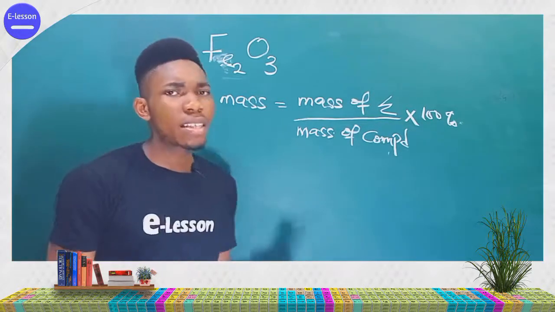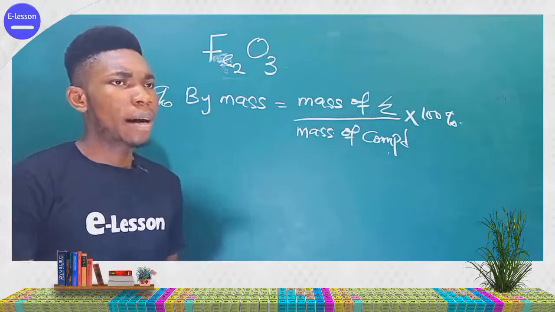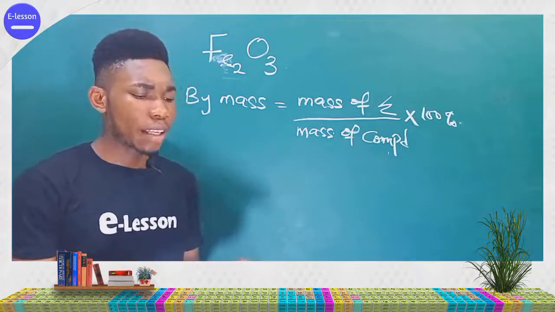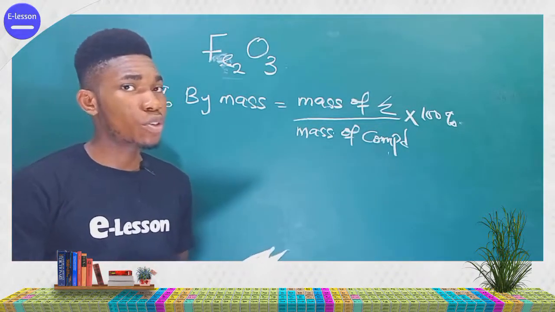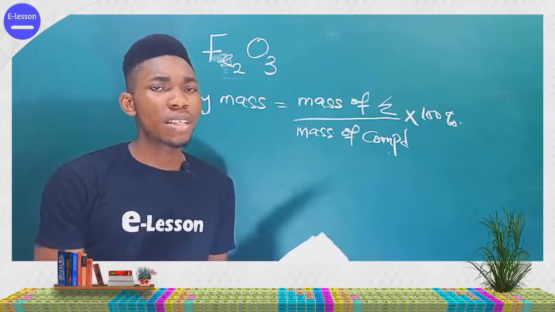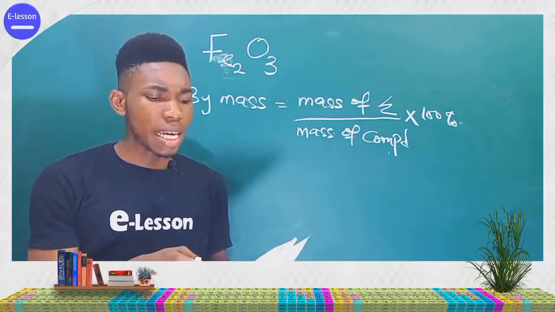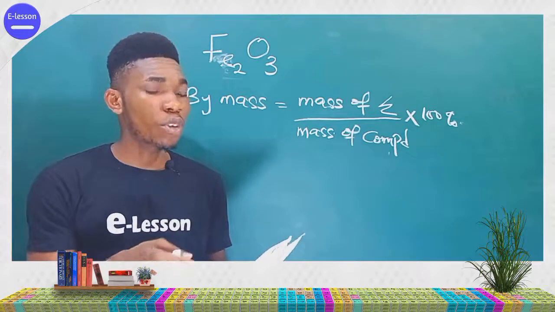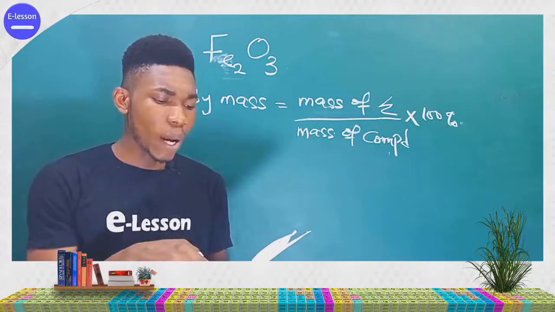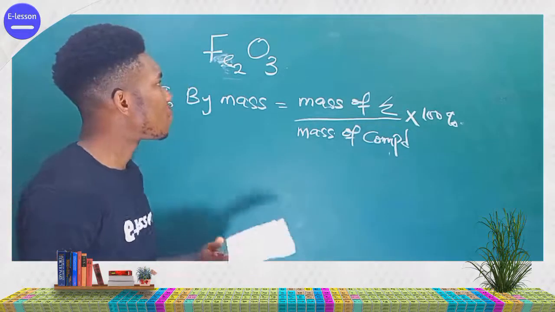Now, in most cases, when you look at the upper right hand side of your question paper that will be given to you, or if you are writing CBT, it will be handed over to you, you see the relative atomic masses of all the elements given to you. That of iron is 56.